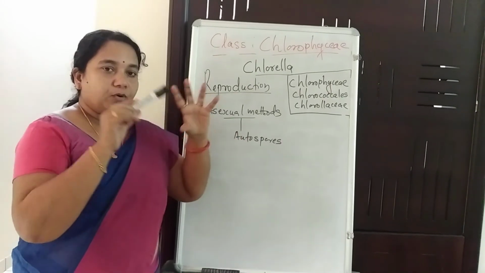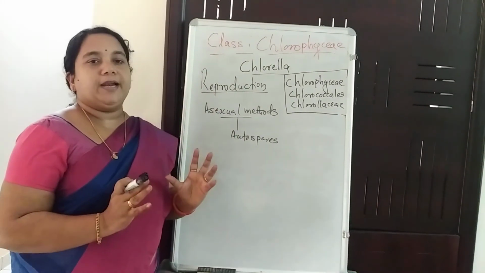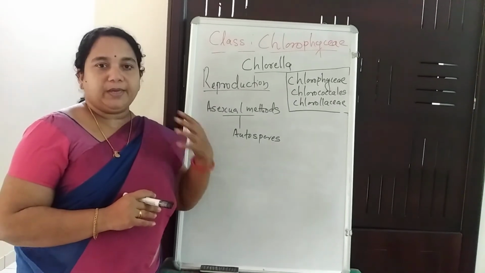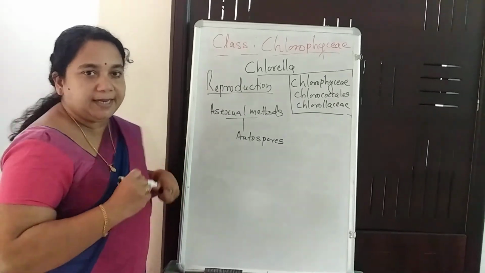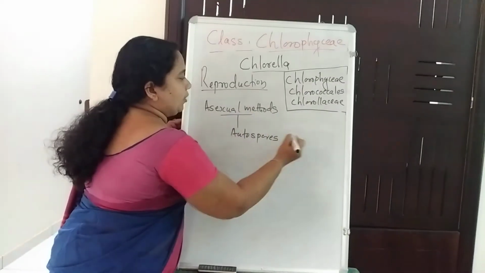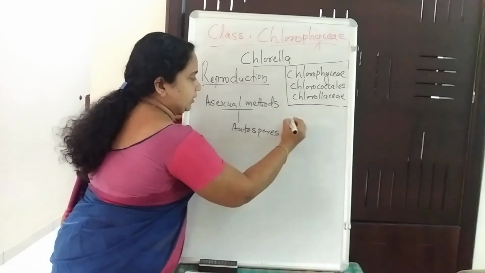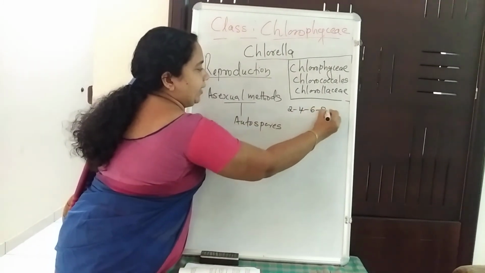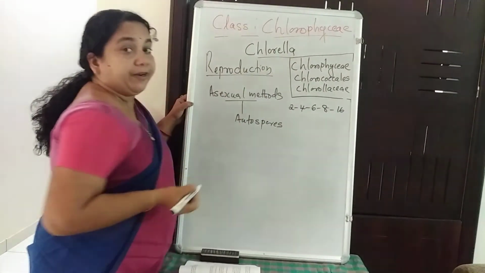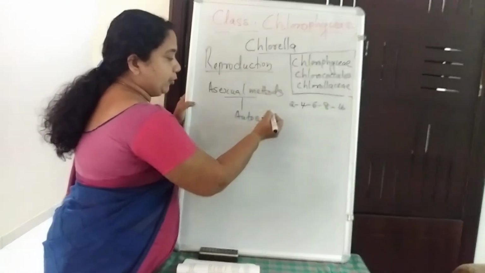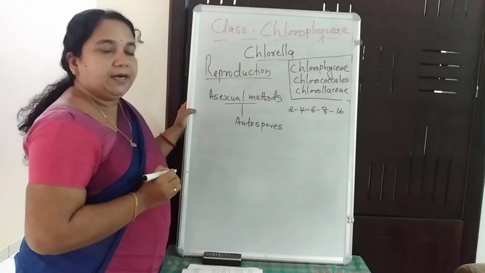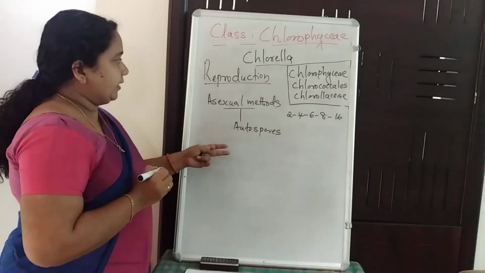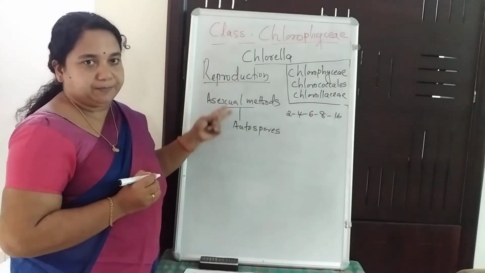Here the whole cytoplasm, the whole mass of Chlorella, may divide into 2, maybe 4, or 8, or sometimes 16 autospores. So 2, 4, 8 or 16 different autospores may be produced within a single Chlorella cell. And so here once again I say that sexual reproduction is absent.